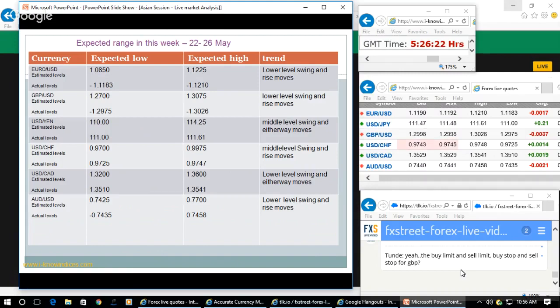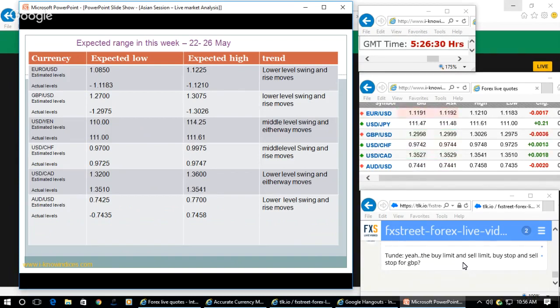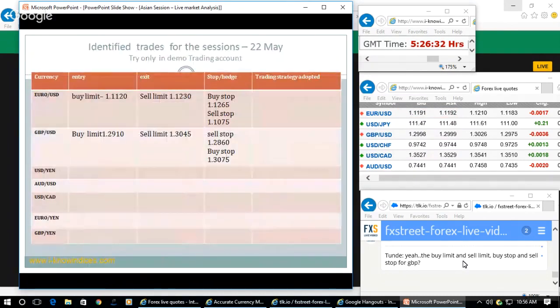Okay, you want to see the recommended trades. The recommended trades are given here.